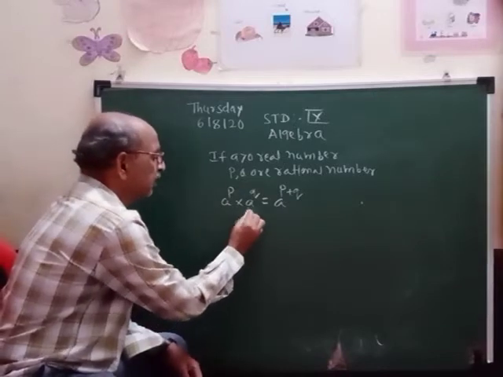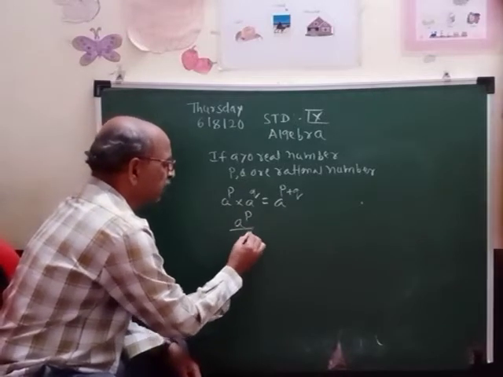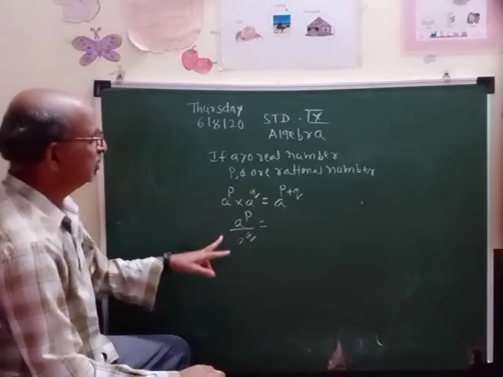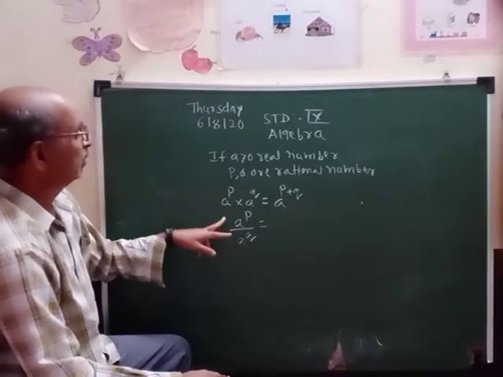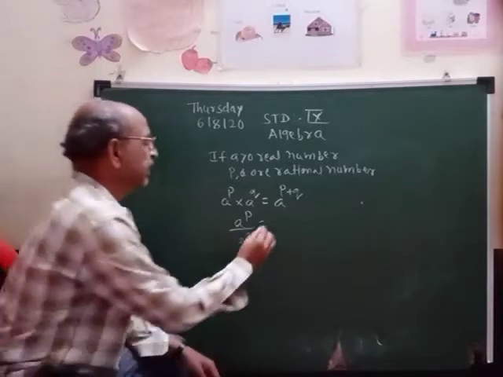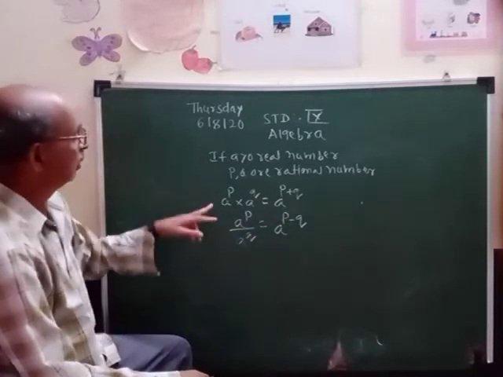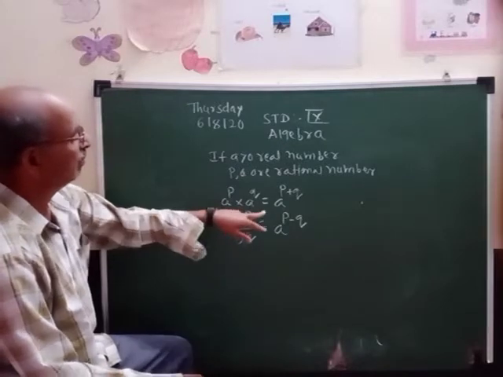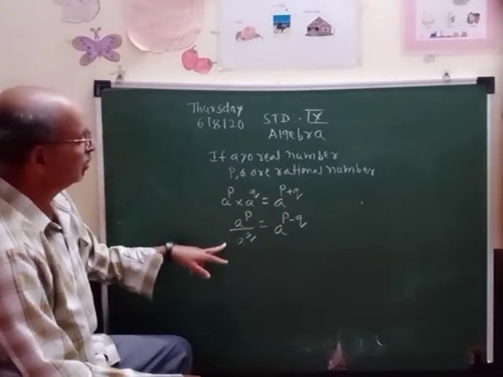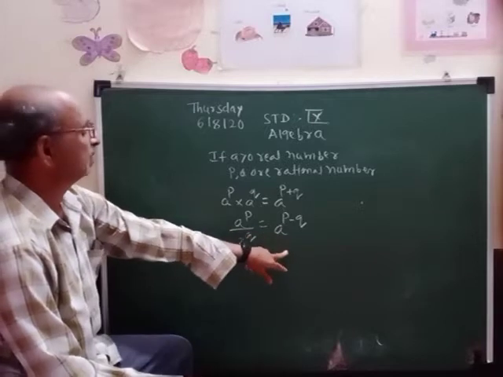Second, a raised to p upon a raised to q. Here division is there. In division, if the base is the same, then indices are subtracted. So a raised to p minus q. In multiplication, if the base is the same, indices are added; in division, if the base is the same, indices are subtracted.